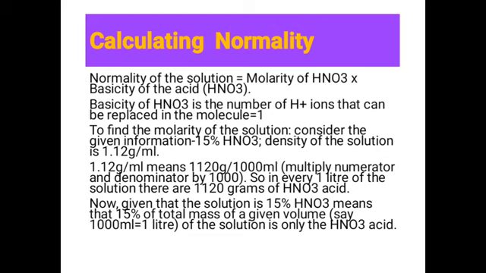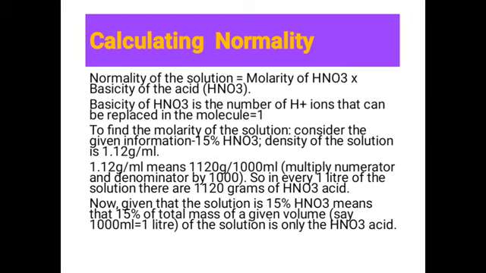If you multiply it by 1,000 to put it in a standard format, you are going to have 1,120 gram per 1,000 mL. Don't forget, we are usually raising it to 1,000 mL because 1,000 mL is equivalent to 1 dm cube, which is the standard volume we are using.